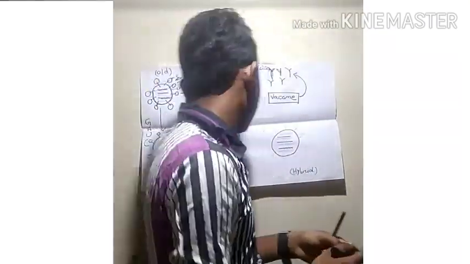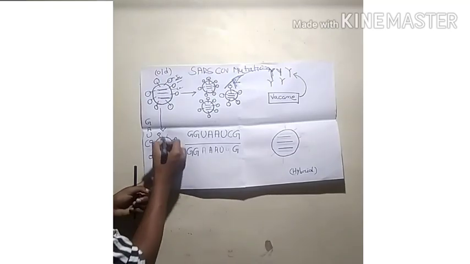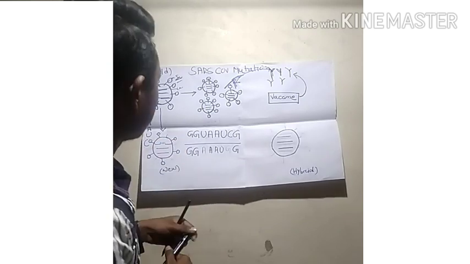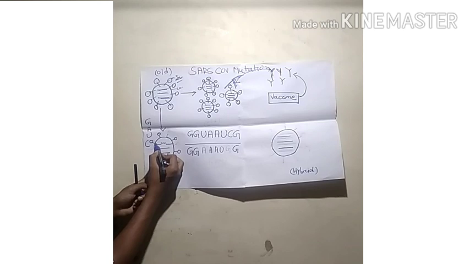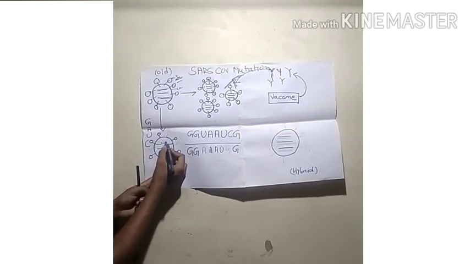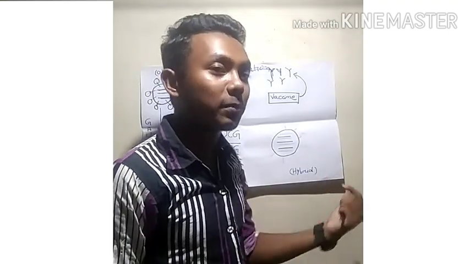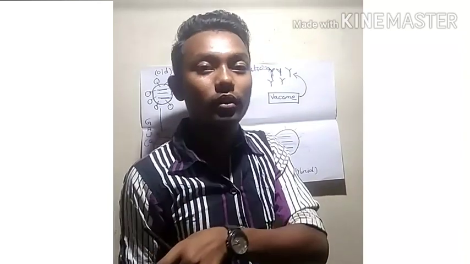This new strain of virus consists of two types of nucleic acid: one is the RNA of the early stage, and one is the new strain of RNA. The spike protein is also modified, mixing the early stage spike protein as well as the new strain spike protein.